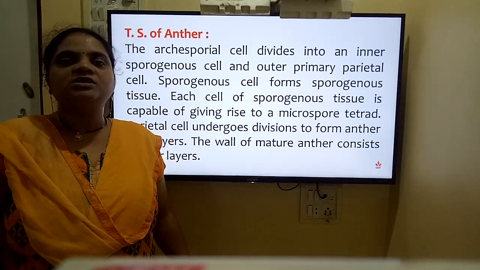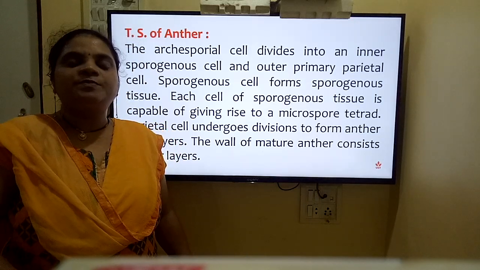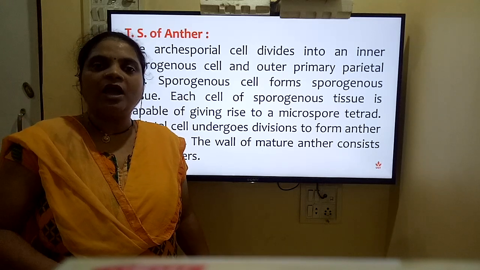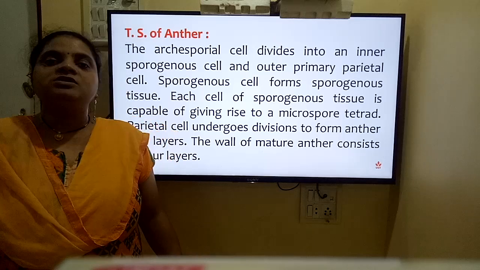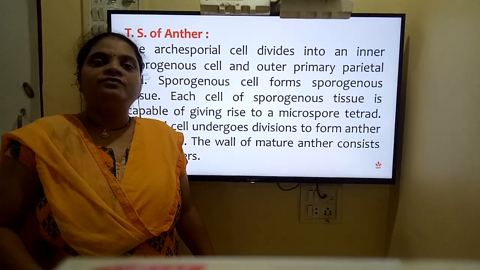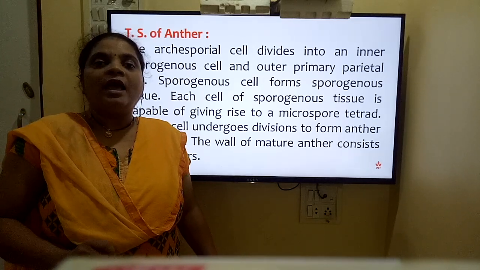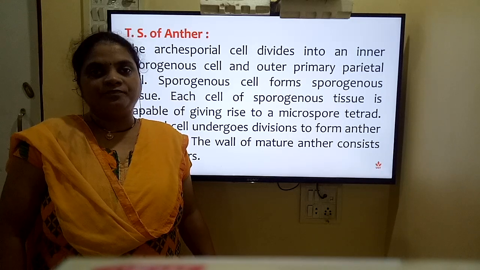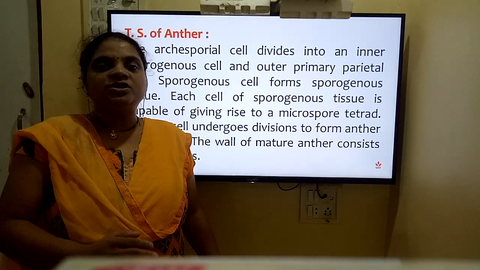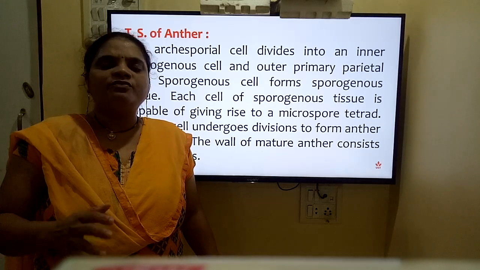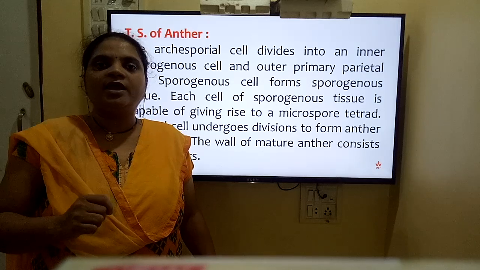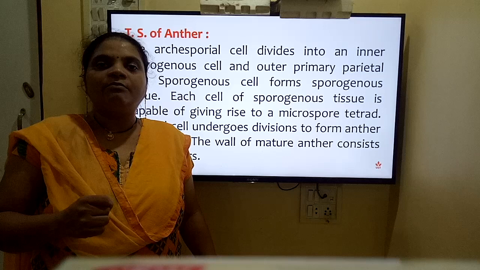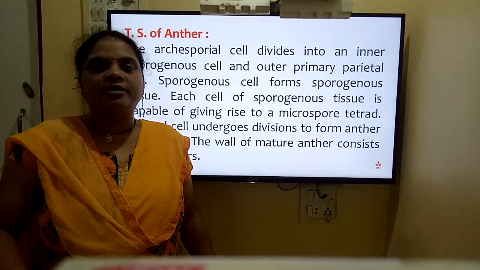The sporogenous cell is present on the inner side and the primary parietal cell on the outer side. Each cell of the sporogenous tissue has the capacity to produce a microspore tetrad. The sporogenous tissue consists of many cells, and each produces microspores, which appear in a tetrad condition.